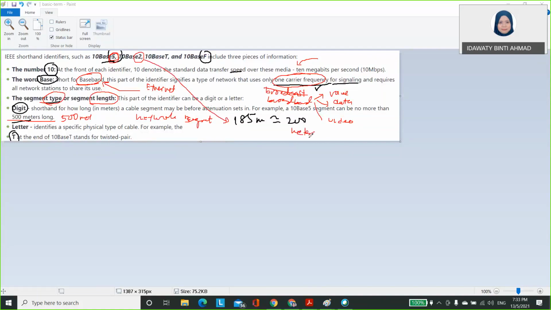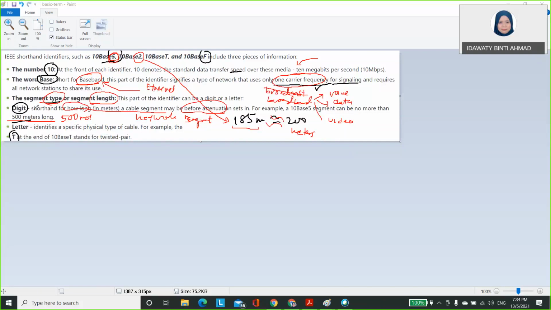Actually, for the cable, the maximum the signal can go through before attenuation happens is 185, but it's almost 200 meters. So this shows how long you can use this cable before attenuation happens.